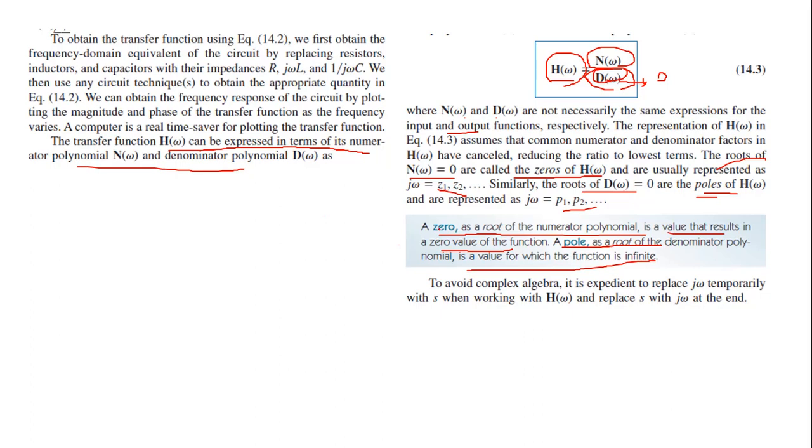The roots of the numerator polynomial are called zeros and the roots of the denominator polynomial are called poles.